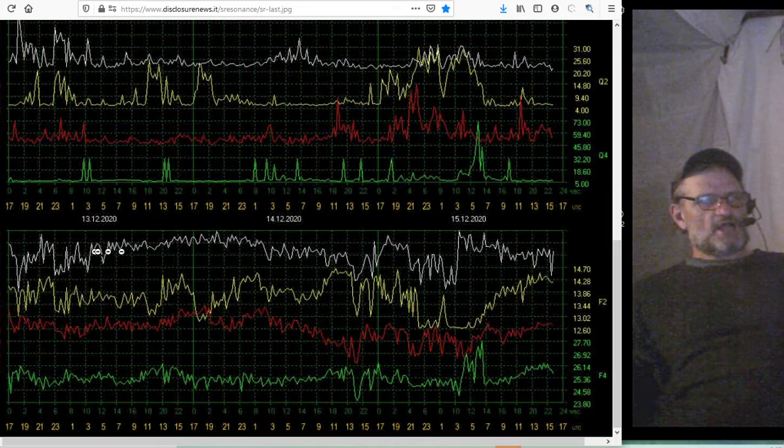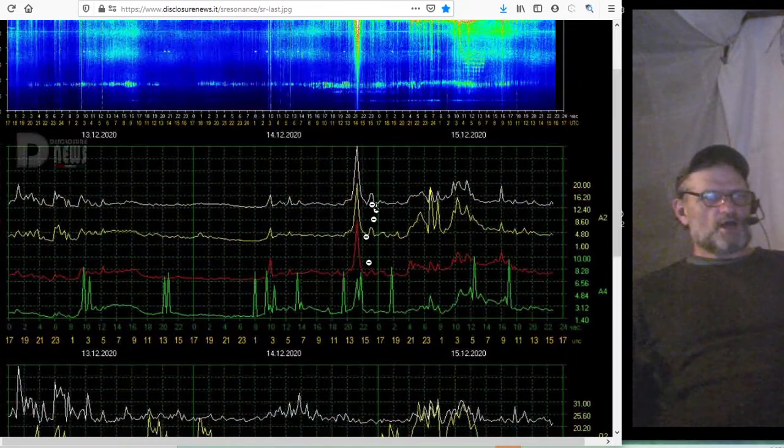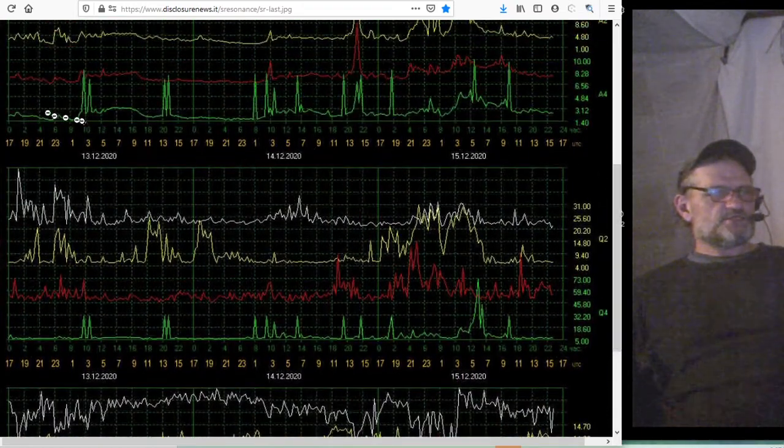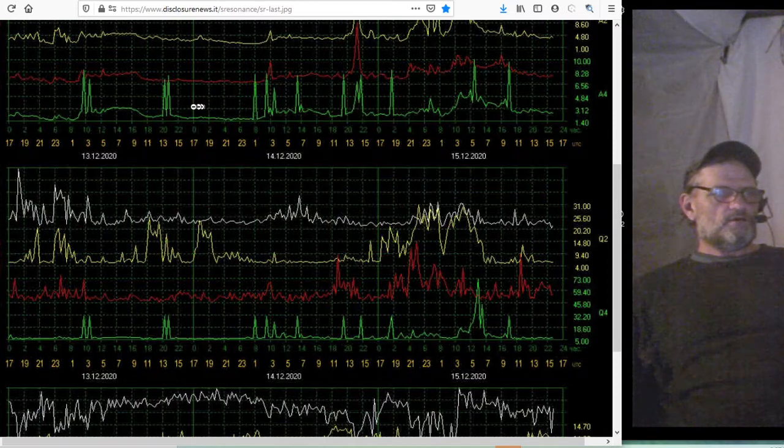See, it was up there way high, and then it dipped down. That corresponds with a rise in the amplitude. Okay. All right, and so you can see the synchronous action between amplitude and frequency.